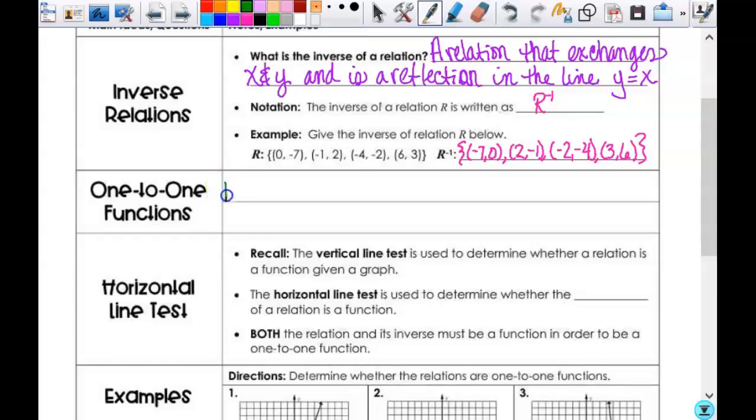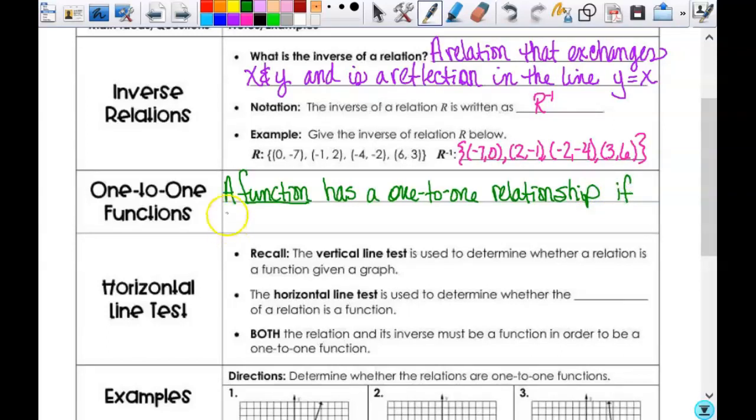Okay, so a function has a one-to-one relationship if the relation and its inverse are functions.